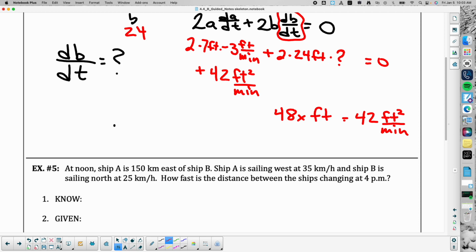So if I divide both sides by 48 feet, 7/8. 7/8 feet squared per minute divided by feet would be feet per minute. The labeling should always actually work out, but sometimes you can confuse yourself setting it up.